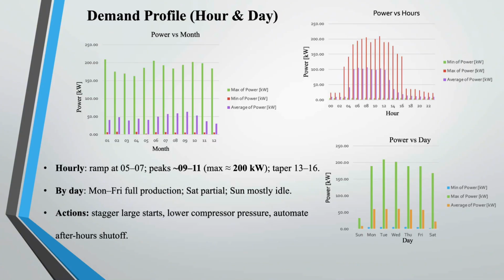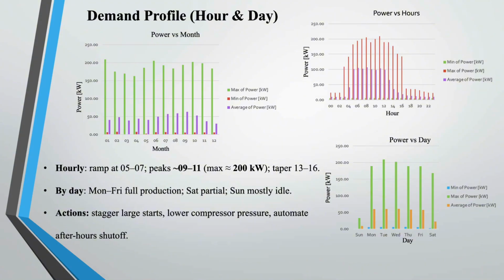And the next will be the demand profile. The first chart is demand against month, and here we can see that every month the demand is almost the same. But take a look at the chart of power against hour. We can see the max power from 4 a.m. to 4 p.m., where the demand is higher.